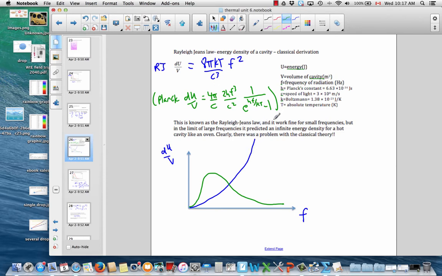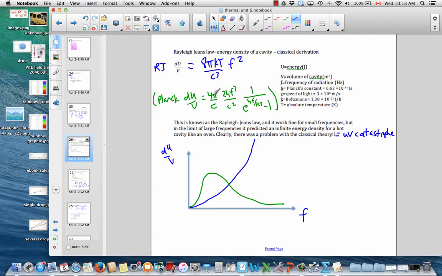Now, the failure of the classical model to explain the radiation coming off a hot object was known as the ultraviolet catastrophe. And the resolution to this problem, because clearly there was a problem with classical theory, which required a quantum hypothesis, was more evidence in favor of quantum theory.